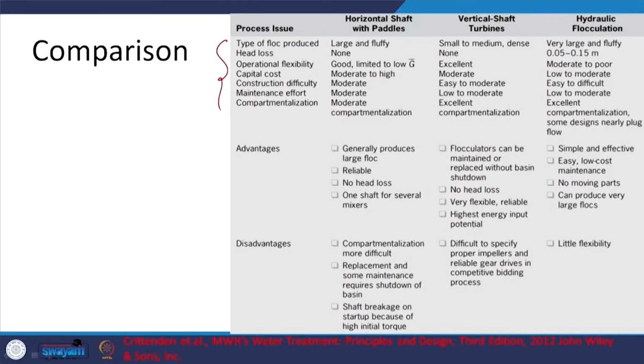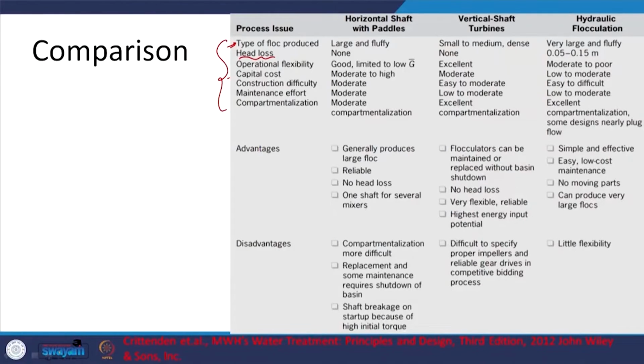Let's look at what are the primary aspects of concern. In general, we are concerned with type of flock, and how much is the head loss. If the head loss is too much, obviously I need to pump the water to a higher head initially, so I don't want that to be high. Also operational flexibility, and what is the initial cost. In general, you see that horizontal shaft with paddles is pretty good, vertical one so-so, and hydraulic flocculation also pretty fine, but there is head loss though.